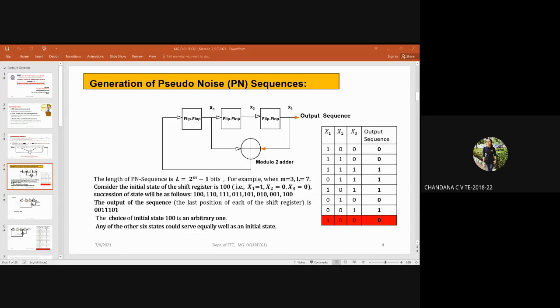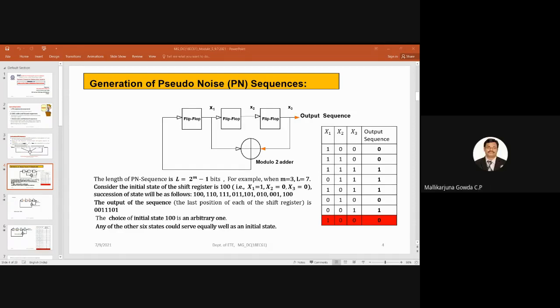Then the first output and the third output are modulo 2 added, in the sense those two are XORed and the output is fed as the input for the first flip flop. That is, 1 XOR 0 gives output 1, and that is fed to the first flip flop. And again, the next clock pulse continues the same process.